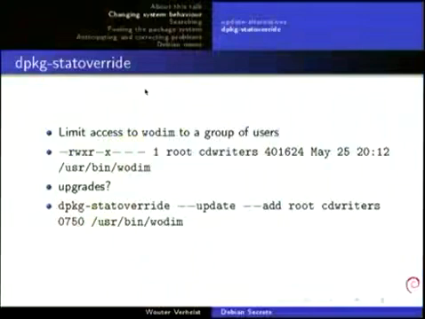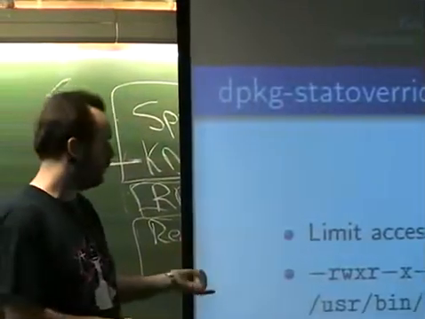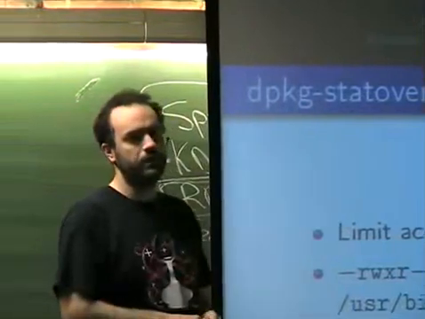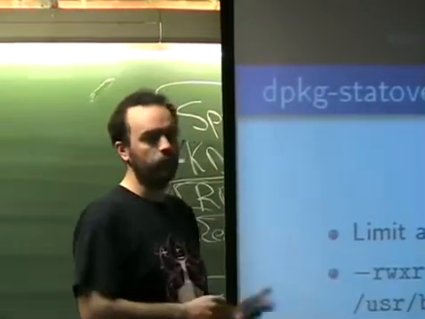Dash update means also sync with the file system. My mistake, sorry. So add means add it to the database. Update means update the actual file on the file system. Then we say the permissions which we wish to create, and then the file which we wish to modify. Now, every time we have an upgrade, the package will see the stat override database and will actually update the file as it is specified in the database rather than what it thinks is the best.